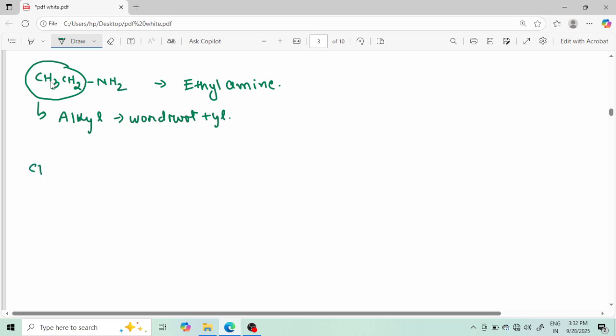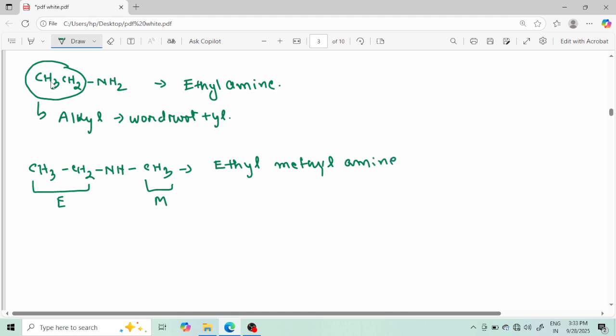Now if I give you CH3, CH2, NH and then CH3, I have two parts here. This part is ethyl, so E, and this part is methyl, M. Alphabetically E comes first, so I will write ethyl and then methyl amine, right?